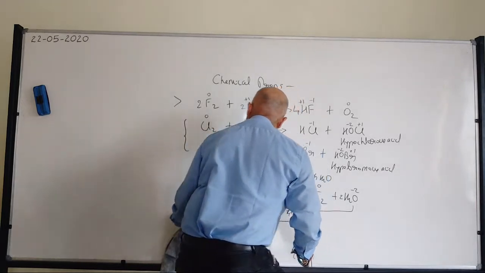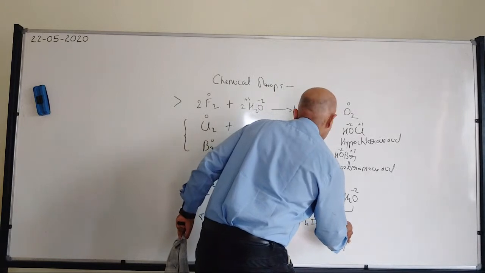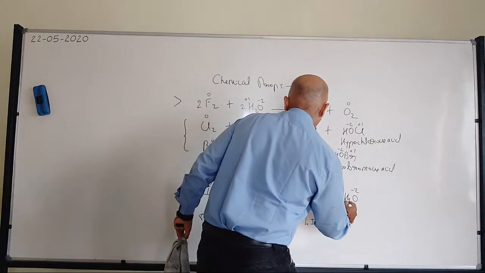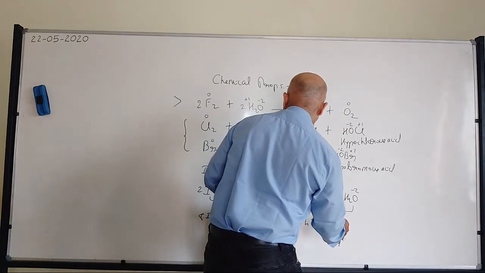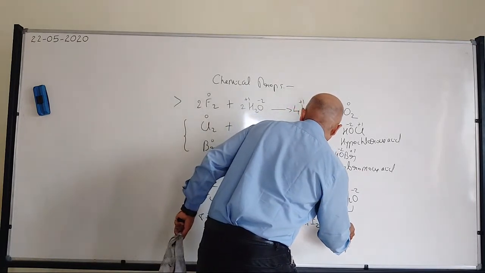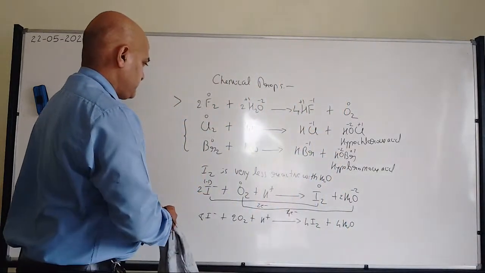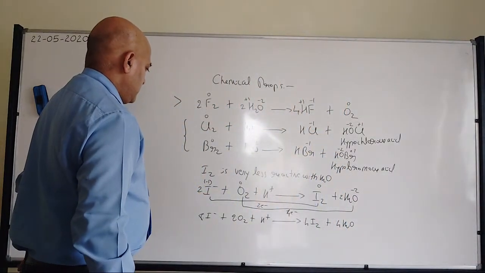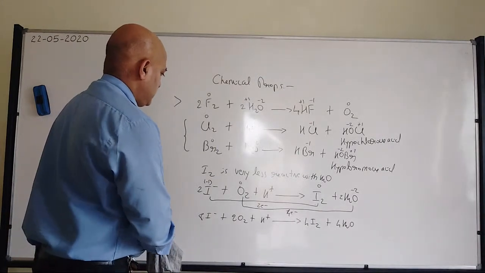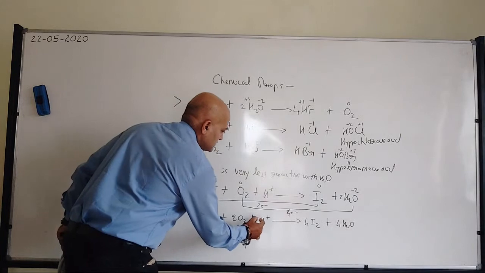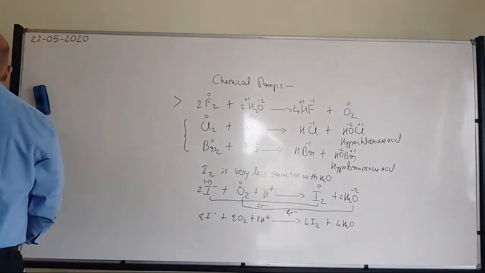So it will become 8 iodide, plus here it will be multiplied by 2, no? 4H2O. Right? Now whether I am right? So here 8 minus is there, so I will make it as 8H plus. Yes. Now it's fine.